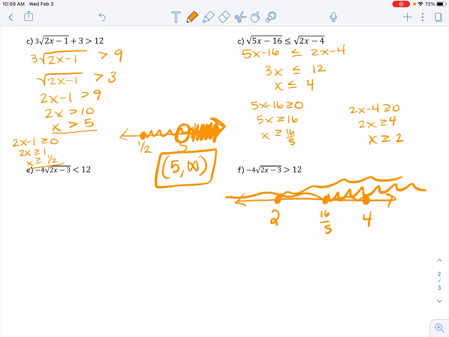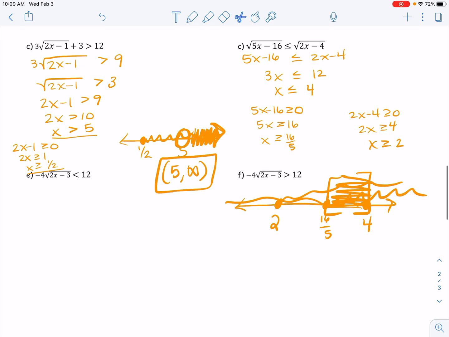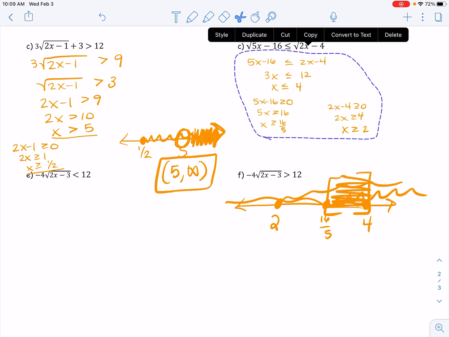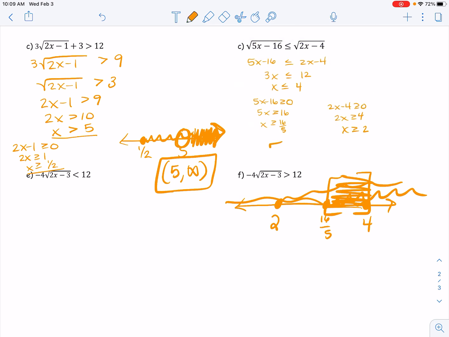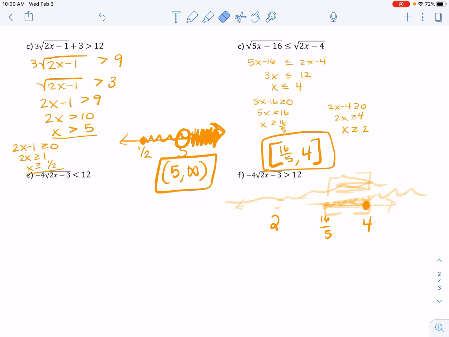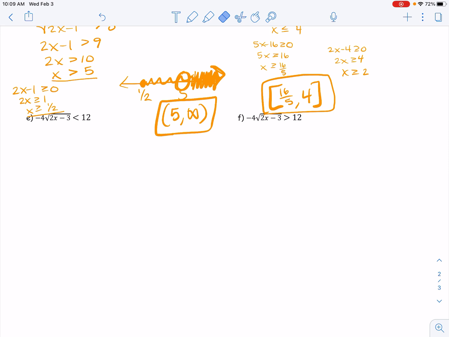So where do they all overlap? Right here. So our answer is from 16 over 5 to 4, including both. Okay? Draw your number line. All right, and then the last 2.